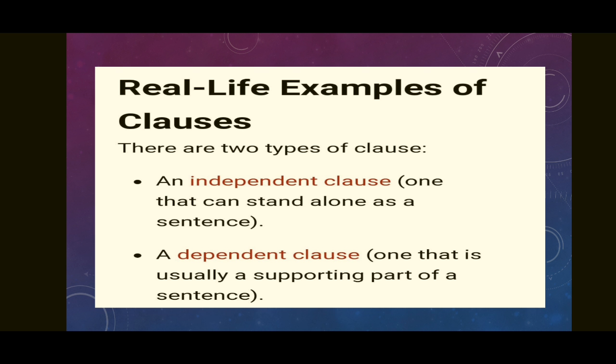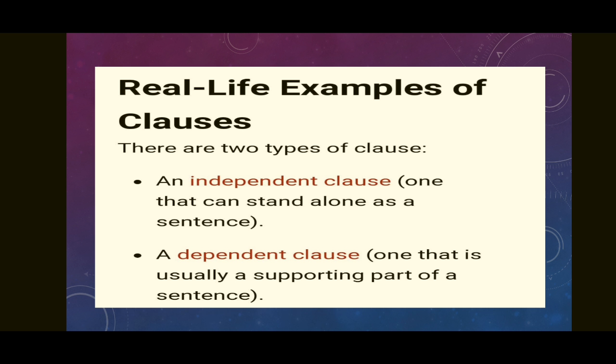Now coming to a dependent clause. What do you mean by that? A dependent clause is a subordinate clause. It starts with subordinate words. It cannot stand alone as a sentence and is labeled according to its function in the sentence.